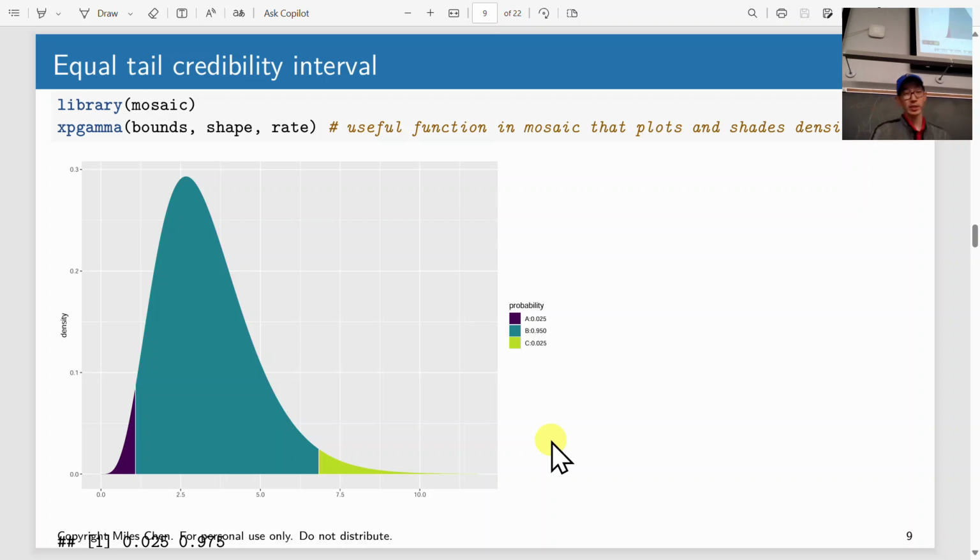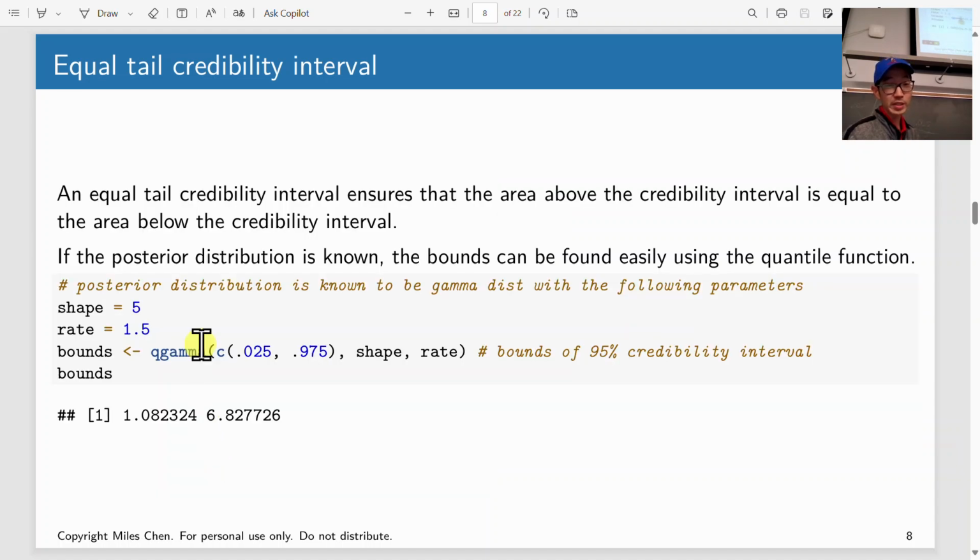Okay, and you'll notice, so this is 2.5% and this is 2.5%. You get 95% in the middle, and you can do this by using the Q function. So for every density function you have D, and you have P, you have Q, and you have R. So D is basically your probability function.